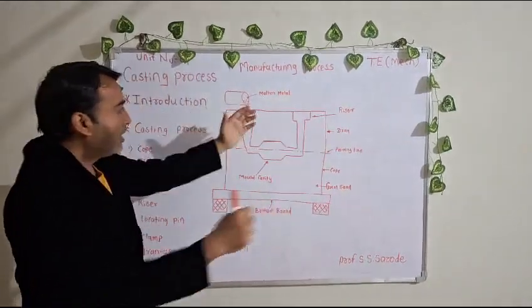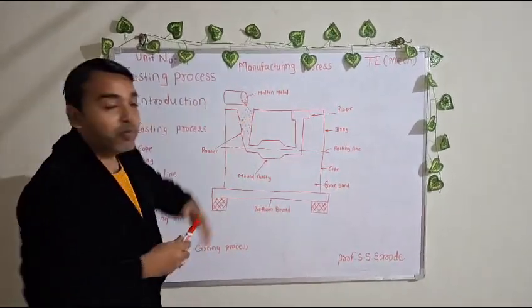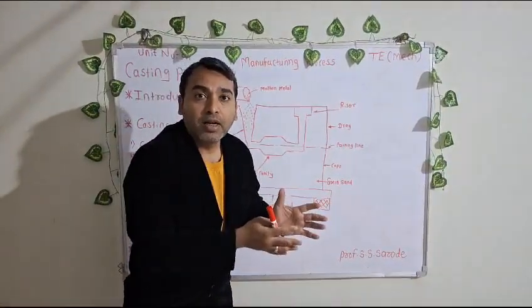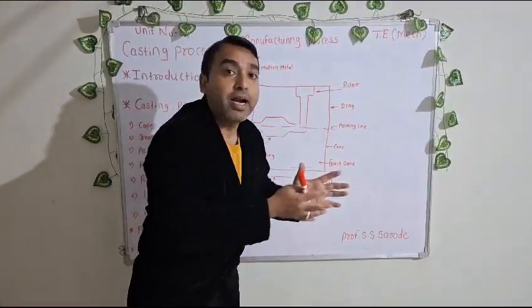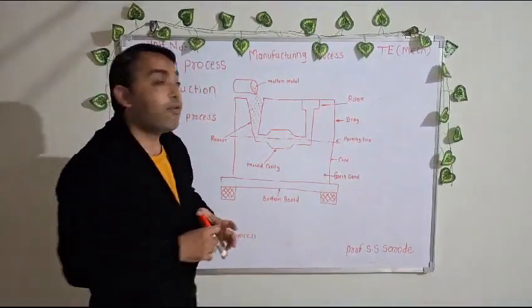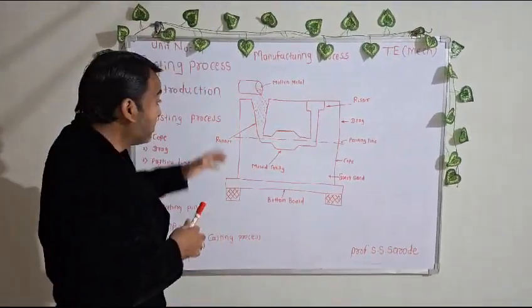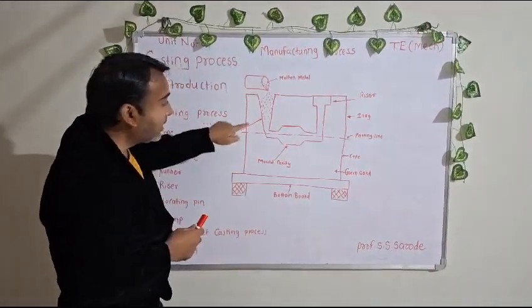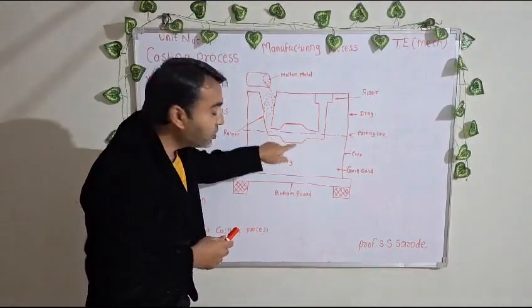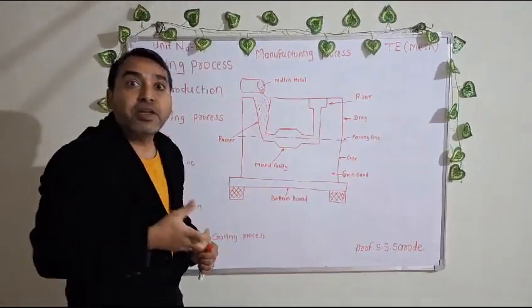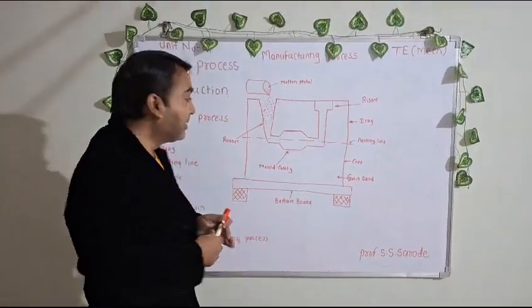Now the input is given in the form of molten metal and the output we get is the casting part. In between, which steps are followed in the casting process? The molten metal is poured through the runner and moves towards the cavity, and the molten metal takes the shape of the mold cavity.